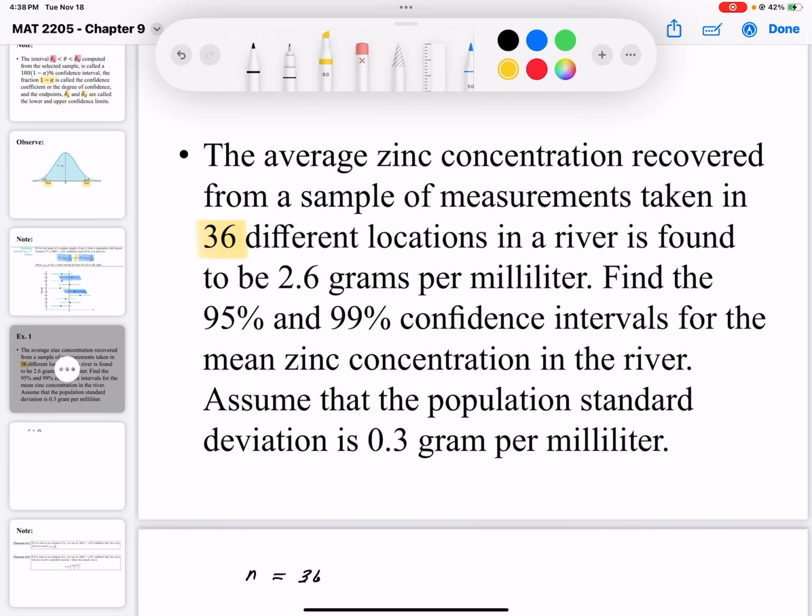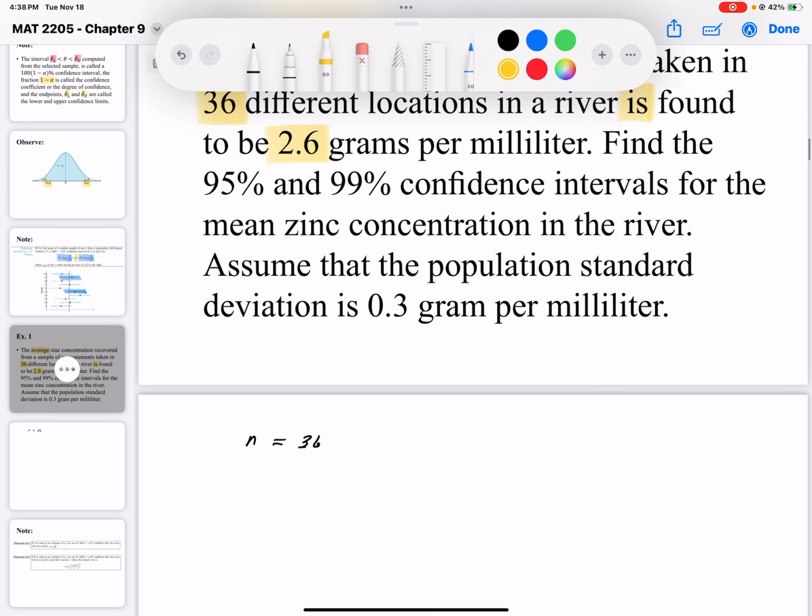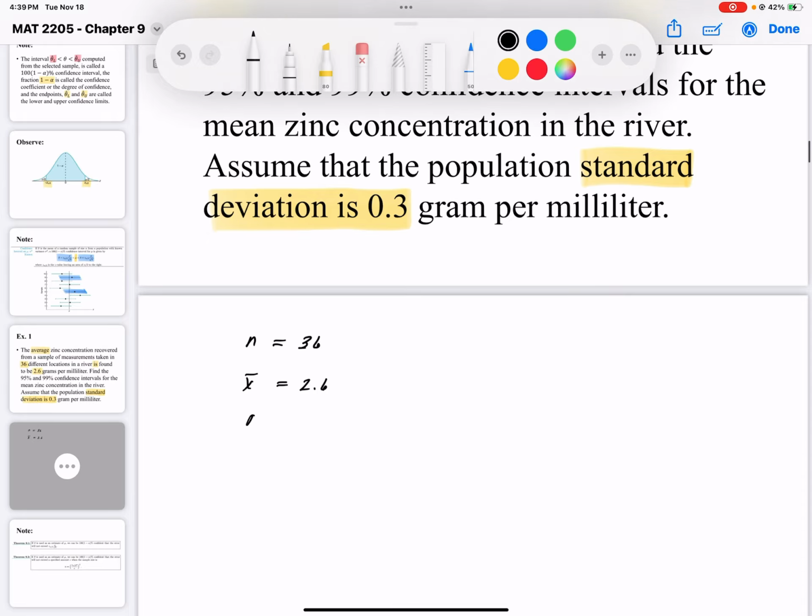The average zinc concentration recovered from this sample is 2.6, so we have our sample mean, 2.6. I'm going to jump down here and identify the population standard deviation, 0.3.